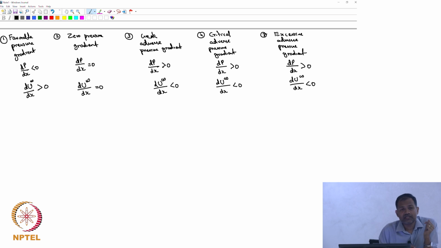So in the first case where u∞ is increasing with x, that's like a contraction. This is just uniform flow.